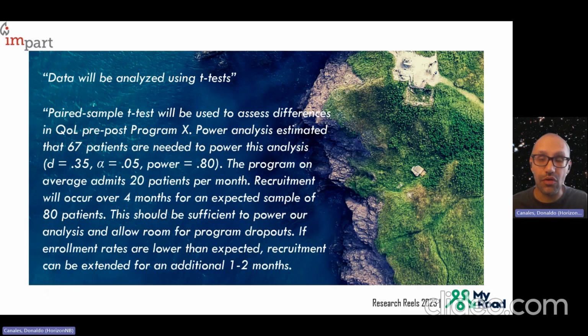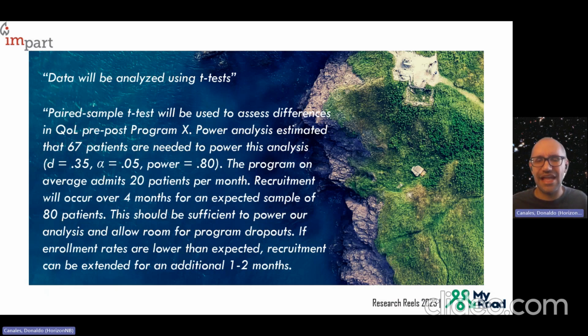Recruitment will occur over 4 months, to get an expected sample of 80 patients, and that should be sufficient to power the analysis and allow some room for dropouts, because not everybody who participates in a program will complete it. So if enrollment rates are lower than expected, or if there's a higher rate of dropouts, the study can be extended for an additional few months.